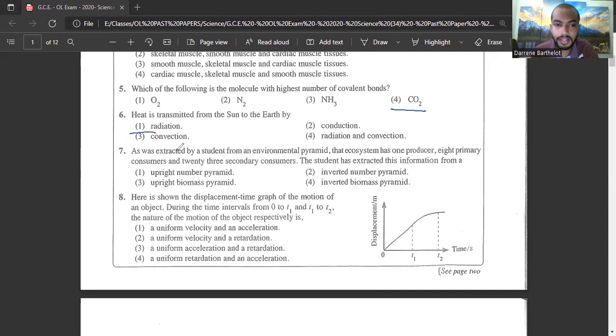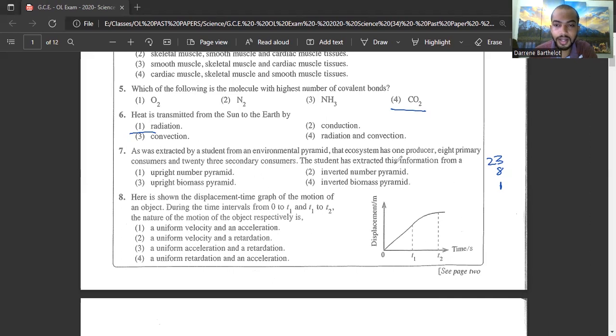Question number 7. This was extracted by a student from an environmental pyramid: the ecosystem has one producer, then 8 primary consumers, and then 23 secondary consumers.